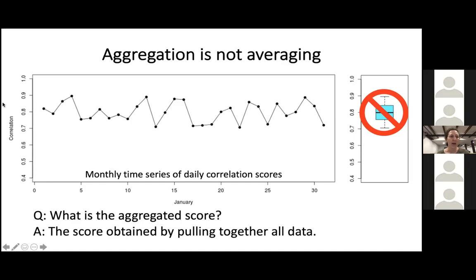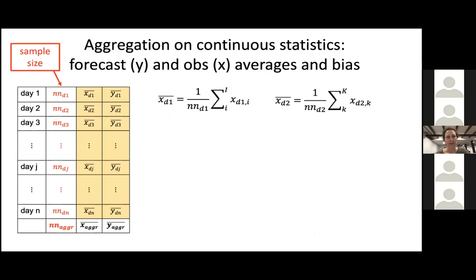So the question is, how do you calculate the aggregated statistics starting from the daily aggregated statistics? In the next slides, I want to walk you through this algorithm that you might want to code one day, step by step. There is a lot of math, and this is the last thing I want to show you. You have the slides, so you can go back to them if you need.